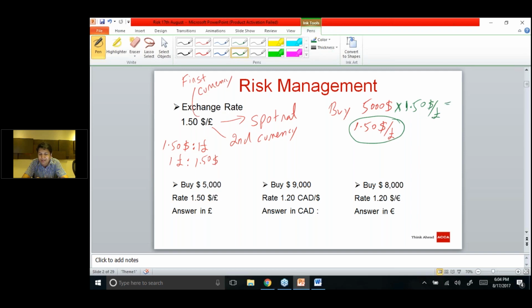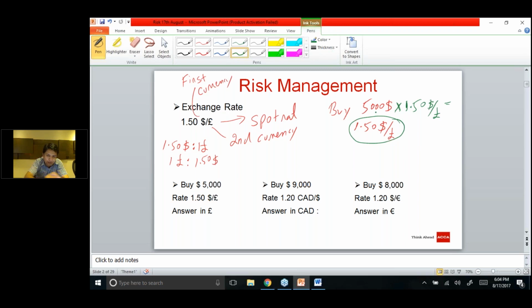You cannot get the answer in pound because dollar will become dollar squared over pound. Obviously that is not a standard rate. We haven't heard anything like dollar squared over pound. So this example cannot be solved if we multiply the exchange rate with the transaction amount.